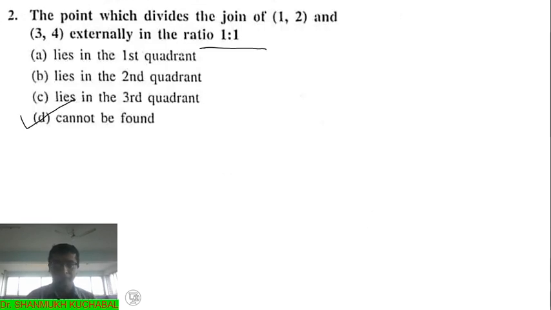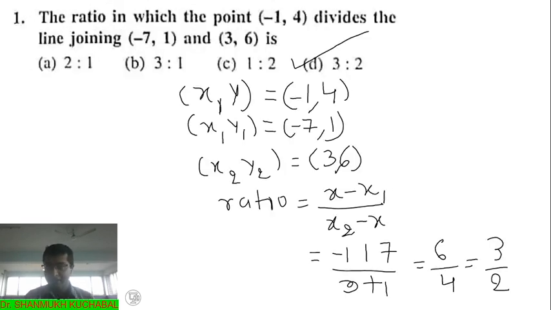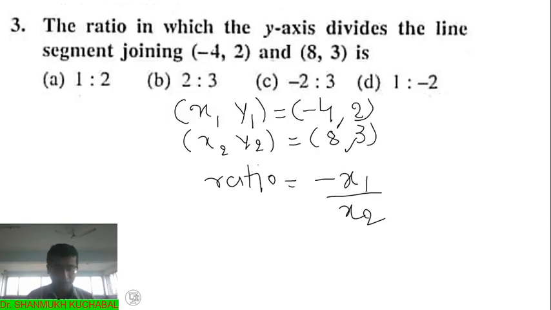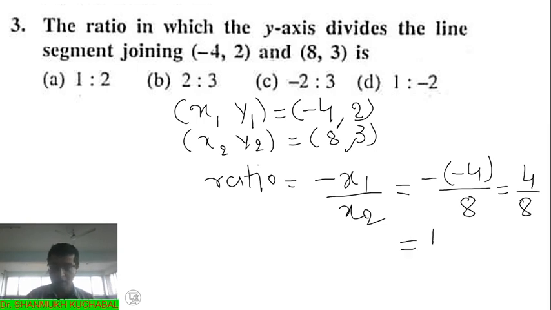That is minus of x1, so minus (-4), and x2 is 8, so plus 4 divided by 8, which is 1/2. Therefore the right option is 1:2, that is, A is the right option.